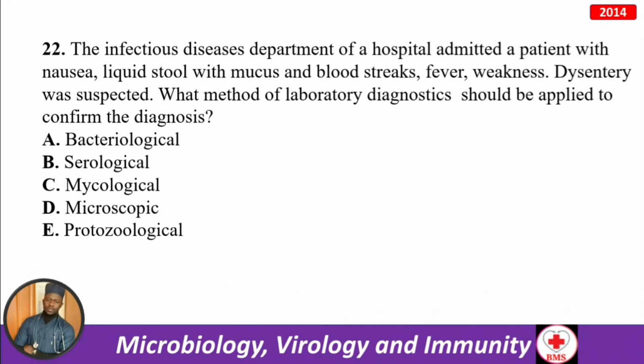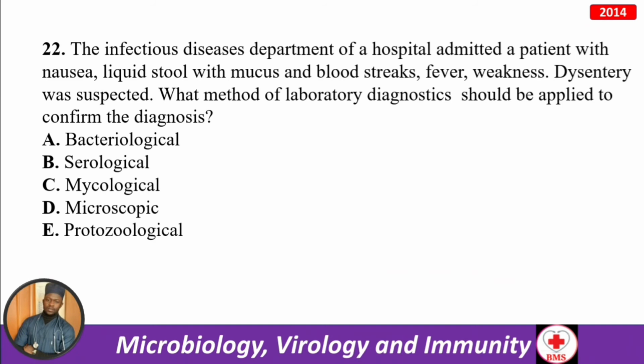The infectious diseases department of a hospital admitted a patient with nausea, liquid stools with mucus, blood streaks, fever, and weakness. Dysentery was suspected. What did I say causes dysentery usually? Of course, Shigella.